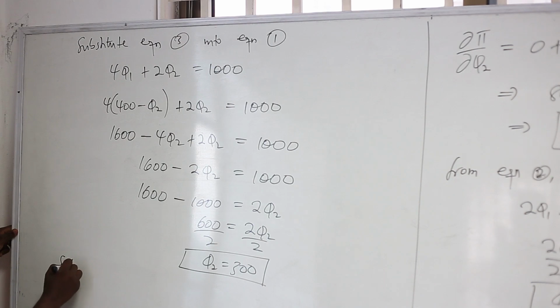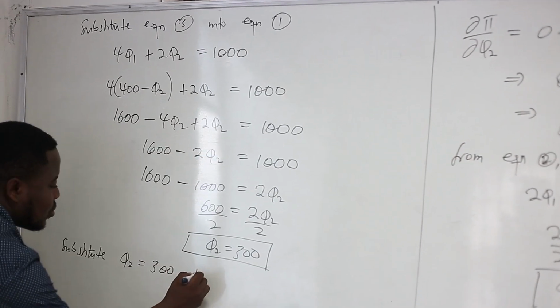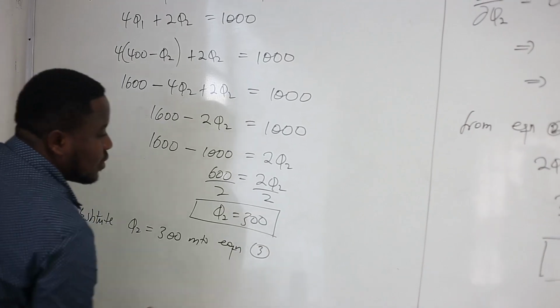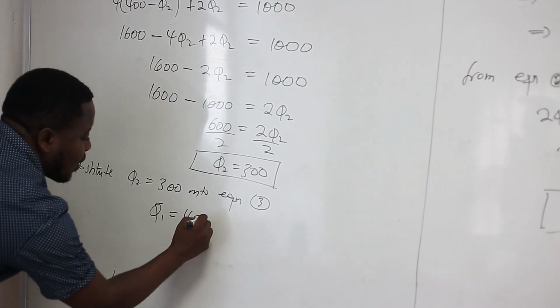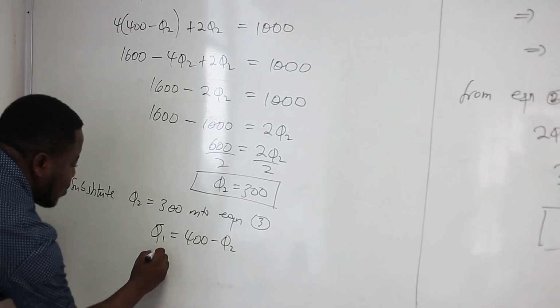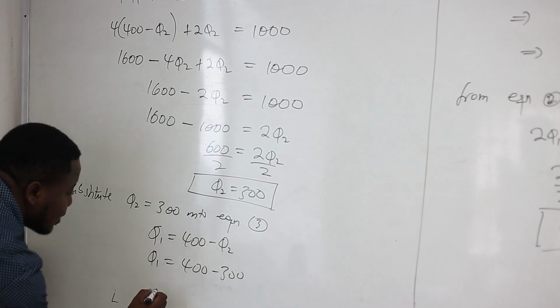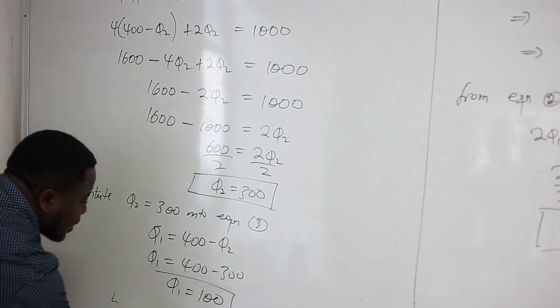So substitute Q2 is equal to 300 into equation 3. So we have Q1 is equal to 400 minus Q2. Q1 is equal to 400 minus 300. And Q1 is equal to 100.